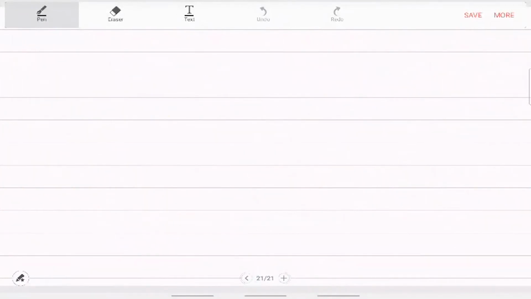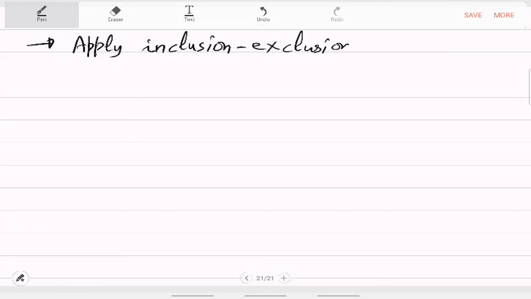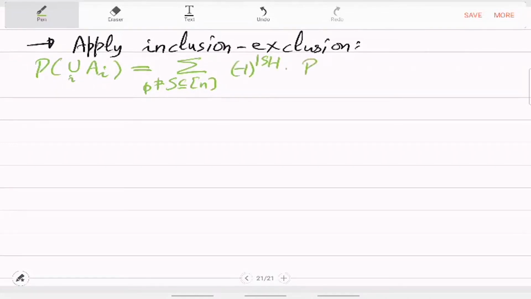So let's apply inclusion-exclusion. So probability of the union is, go over the non-empty subsets, put a sign, and the probability of this intersection.